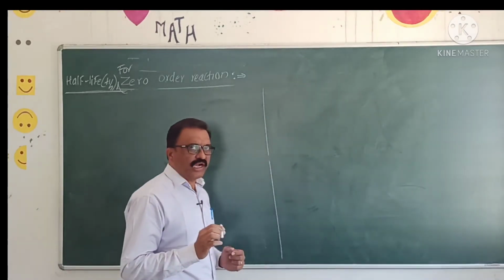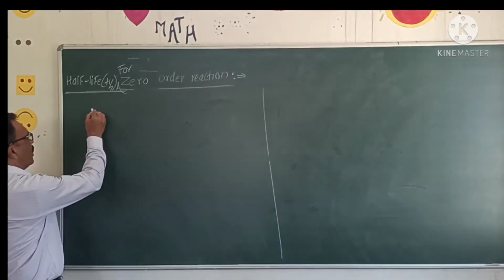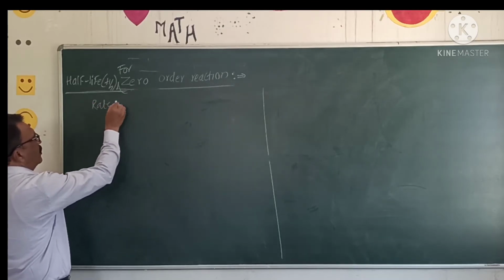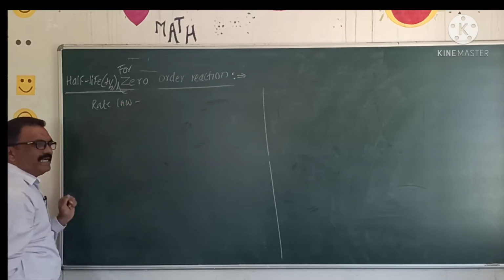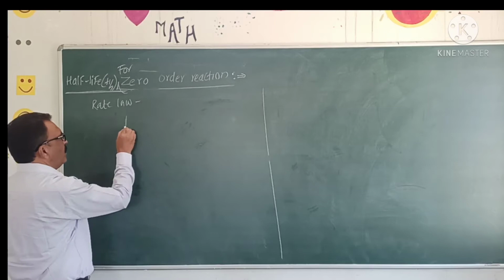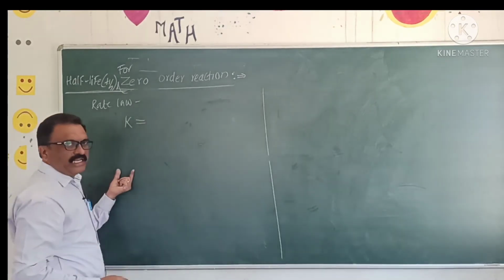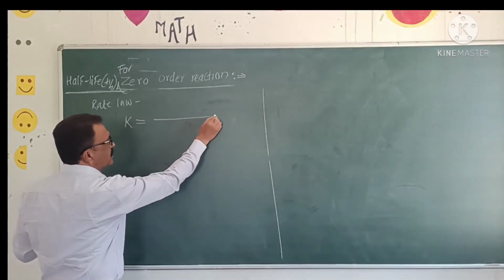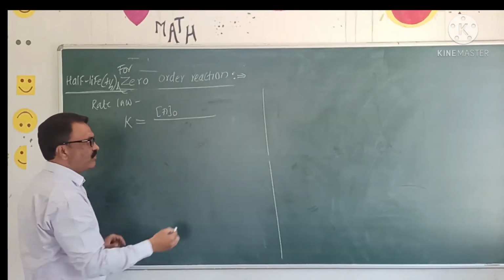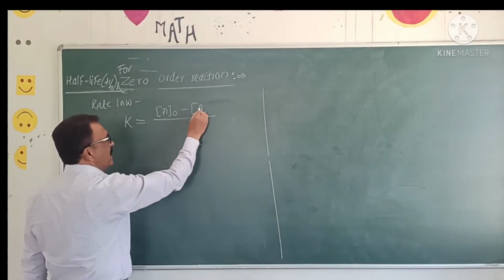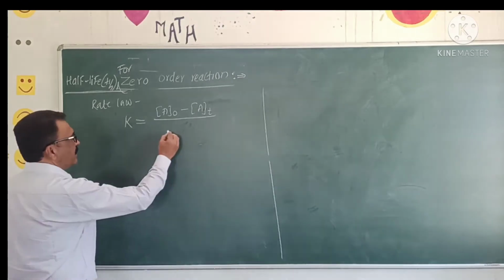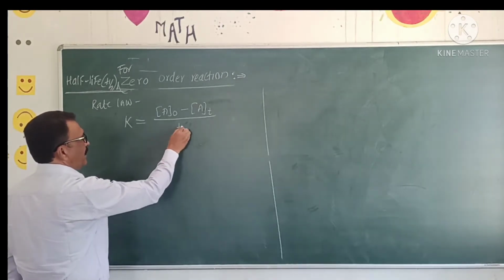Then for zero order reaction, according to the rate law, from the integrated rate law, we have the rate constant K for zero order reaction equal to the initial concentration of reactant A0 minus the concentration of reactant remained behind, that is At, divided by time.